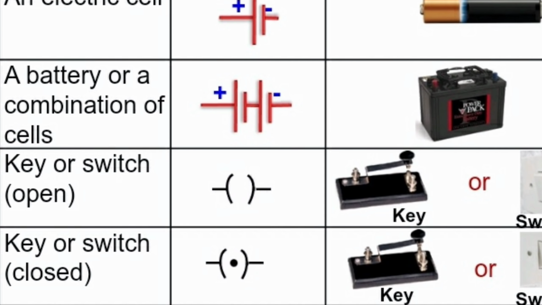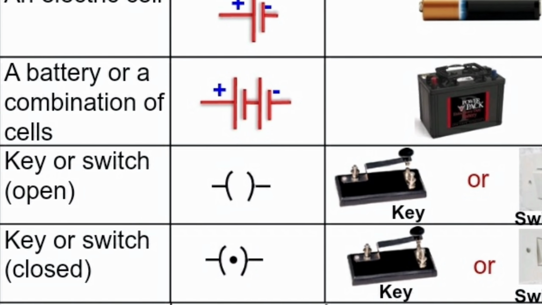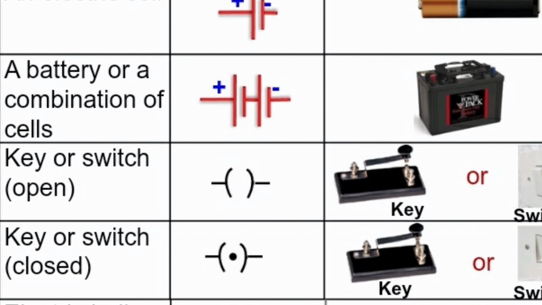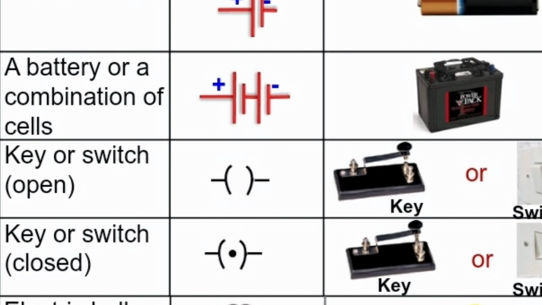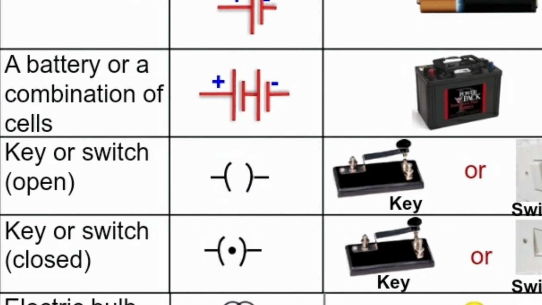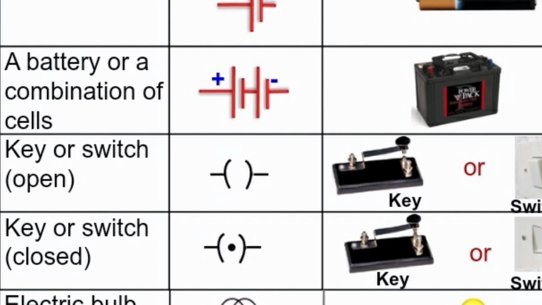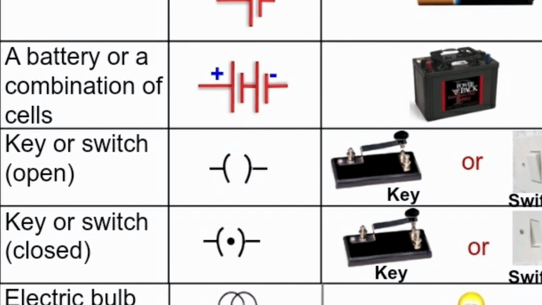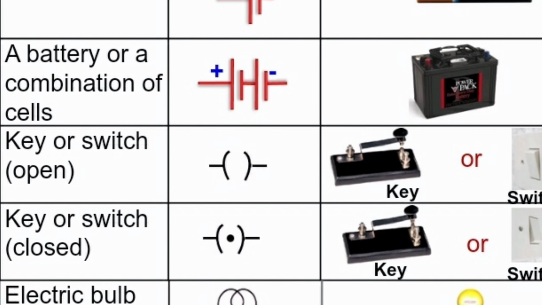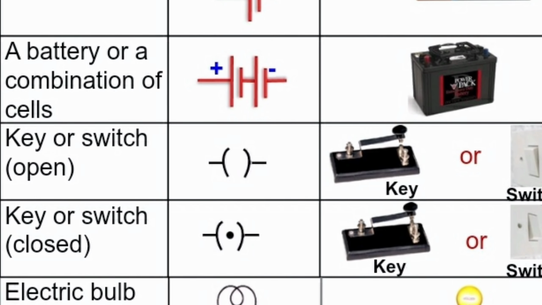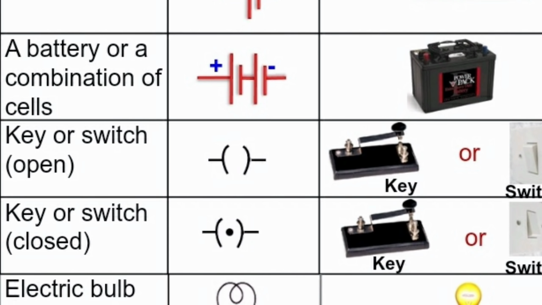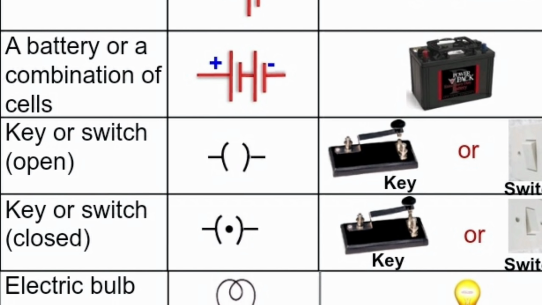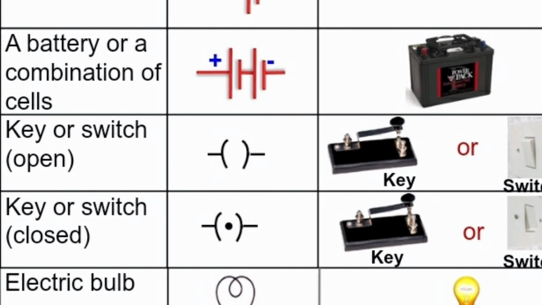That is an open switch or open key. And coming to the fourth one, a key or switch which is closed. The closed switch is given with a symbol: in between the two brackets we can find a dot, and the physical appearance is in the third column, that is the switch which is closed.